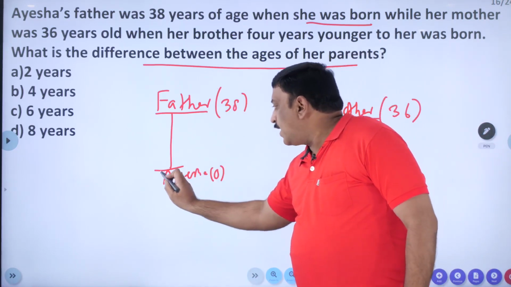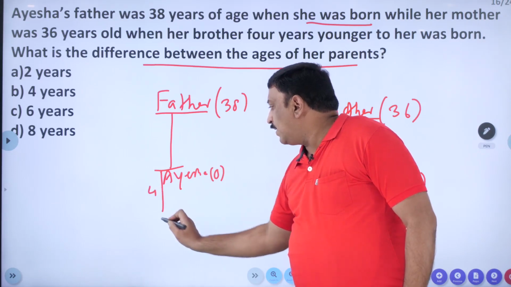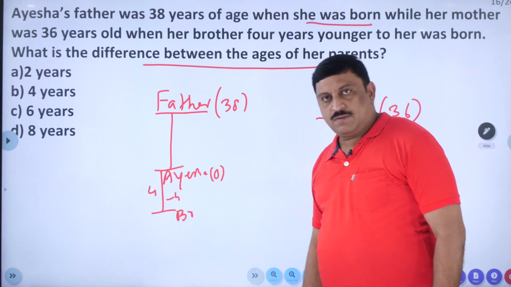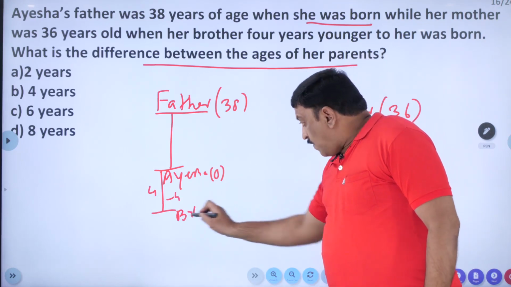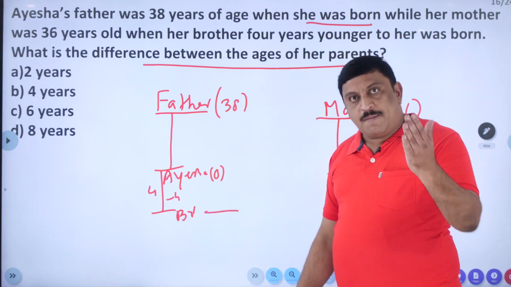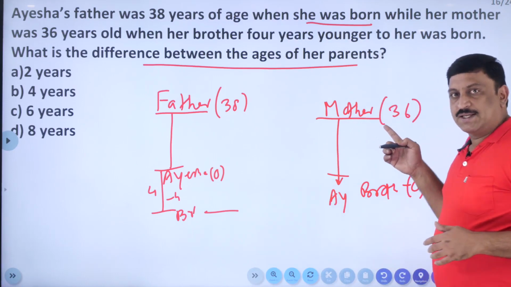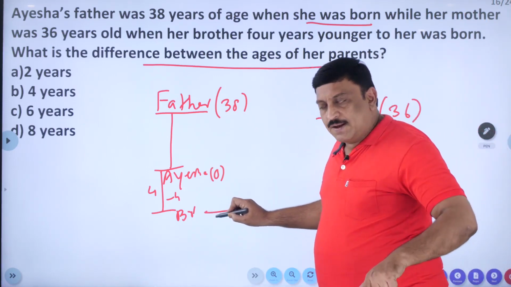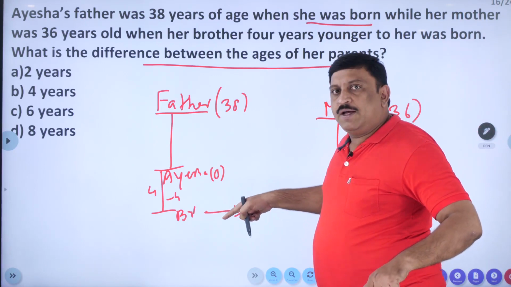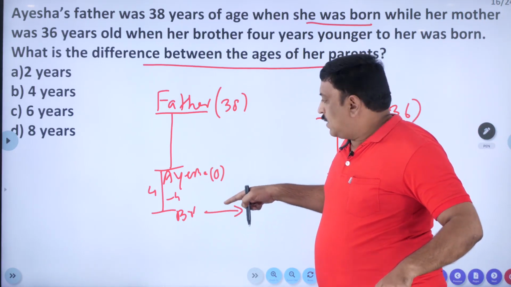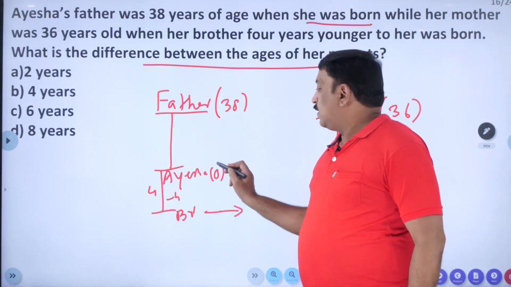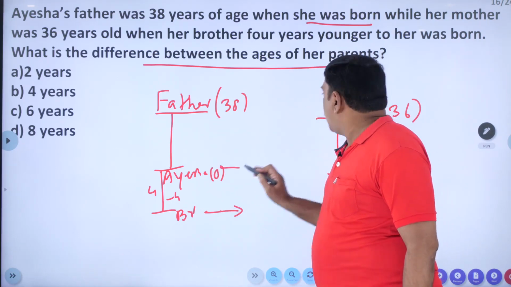Okay? So I can write this, 4 years back, here is the brother, -4. At the time of his birth, mother was how much? 36. So from the time of the birth of the brother, his mother was 36, which means this 4 plus how much extra after Ayesha?